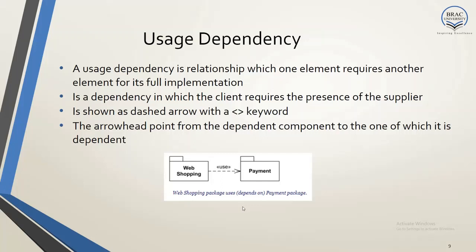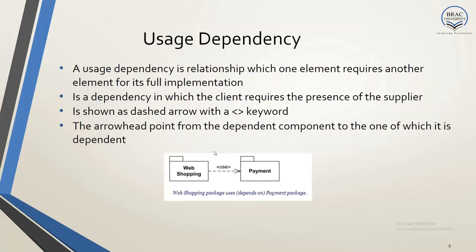A piece of code or a part of a system or a component or a package may require another package, and in that case we use this type of dependency, and the notation is given by this dashed arrow, and there is a label on top of it showing what type of relationship it is.